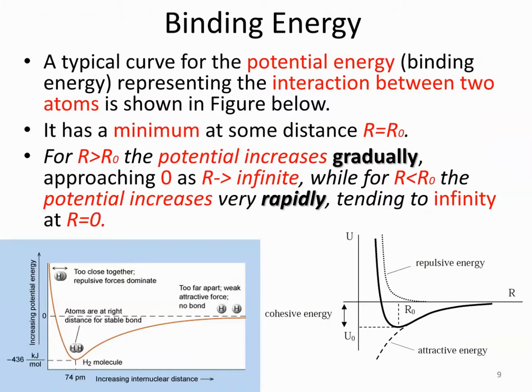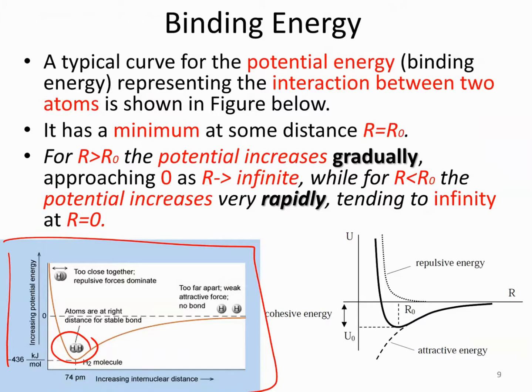Binding energy. A typical curve for the potential energy, or we call this the binding energy, representing the interaction between two atoms, is shown in the figure below. It has the minimum at some distance r equal to r naught. The potential energy is minimum when r equals r naught, which is this point.